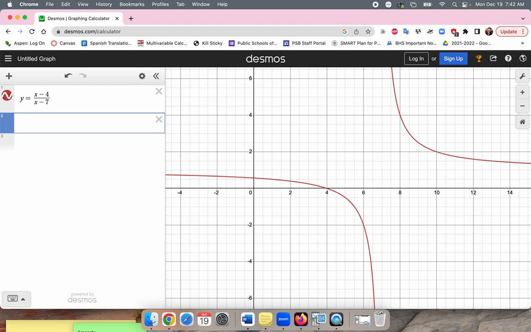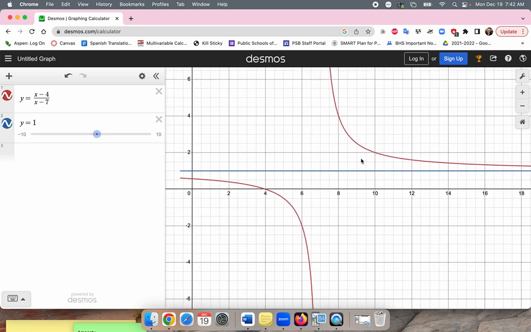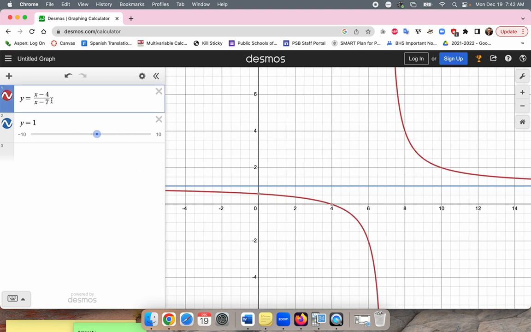This function also has a horizontal asymptote, which is maybe somewhat less clear from the graph. It happens to be the horizontal line y equals 1. Now, how exactly can you see that? Once we talk about limits, I'll be able to explain this a little bit more, but for right now, just understand that if the degree of the numerator and the degree of the denominator are the same, here these are both degree 1 polynomials, both linear, then you will have a horizontal asymptote, which is the ratio of the lead coefficients of the two polynomials.